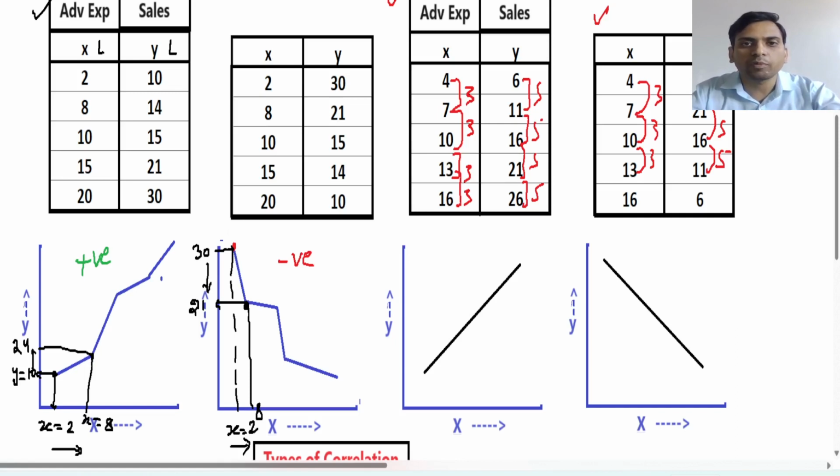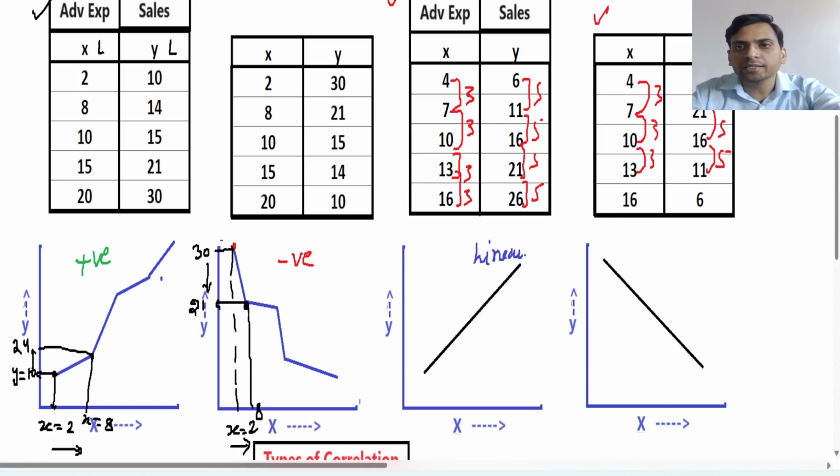In X the constant gap is 3, and in Y also all the values have a constant gap of 5: 6 to 11 is a gap of 5, 11 to 16 is a gap of 5. So when you draw a graph for this kind of data, you will see this upward straight line. Due to this upward straight line, we will say this is linear correlation.